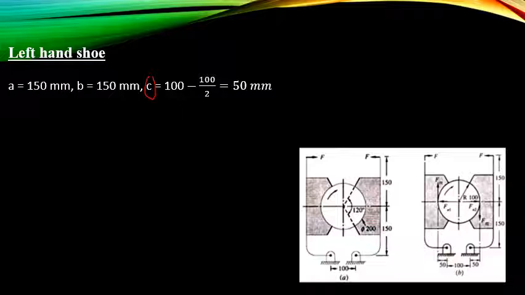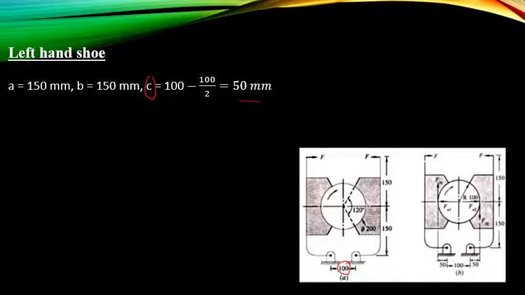So c is the radius, that is 100 millimeters, minus this distance divided by 2, 100 divided by 2. That will give the distance from this fulcrum to the line of action of this Ft.